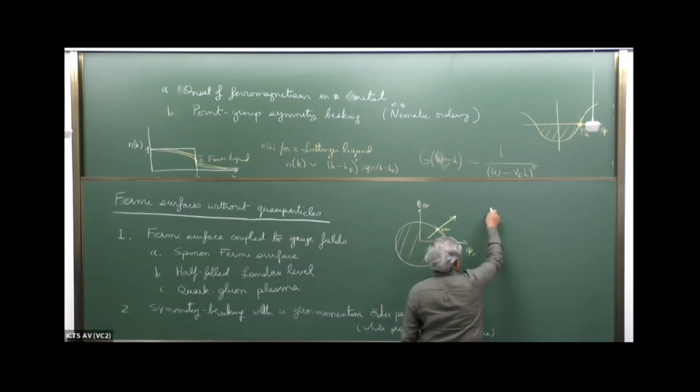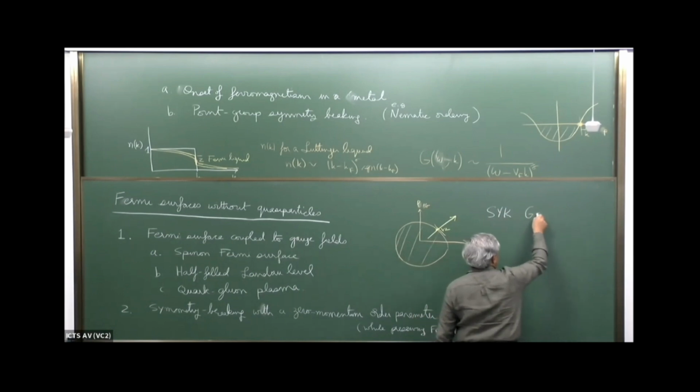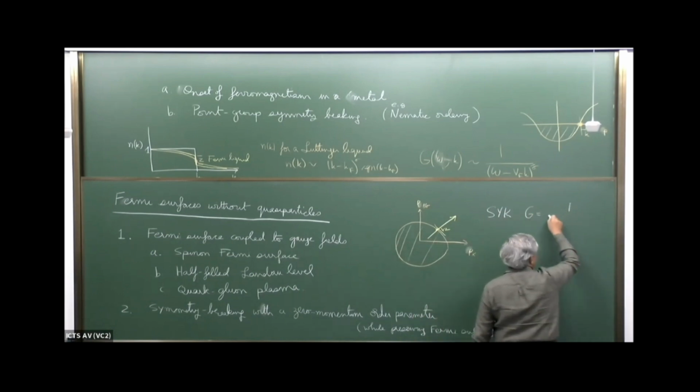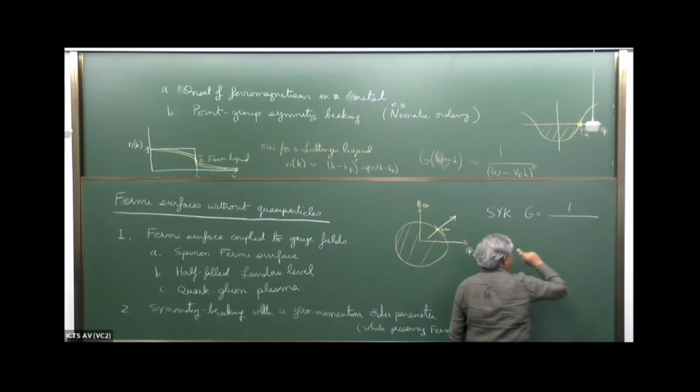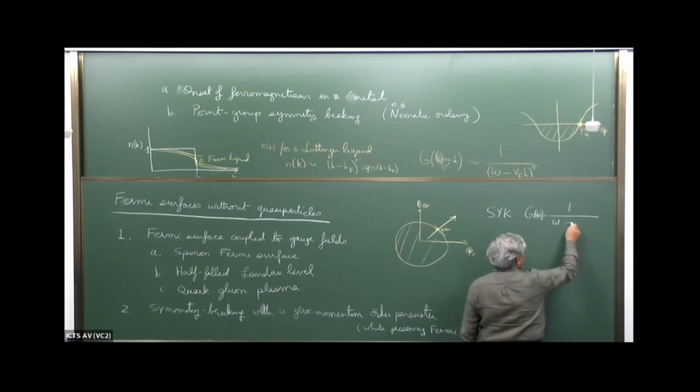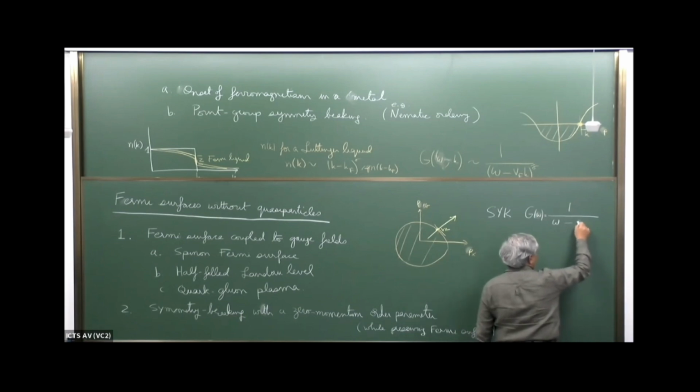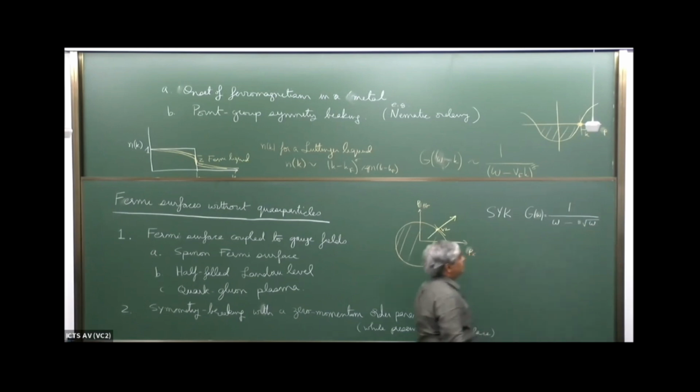What we learned in the SYK model was that the Green's function at low frequencies, G of omega, had a bare term, omega here, and then you got, with some prefactor, some square root of omega term. Okay, that's what we learned in the SYK model.